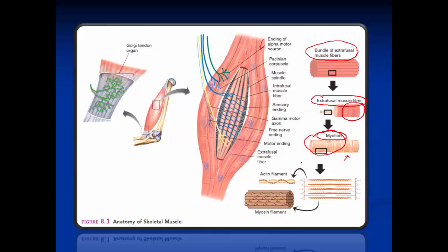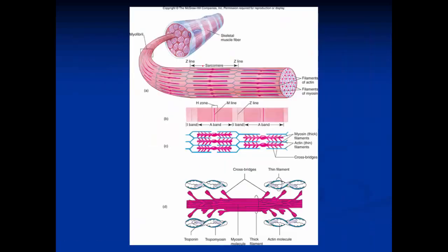Right, but the myofibril is going to be made up of actin, myosin, and a couple other things. But really for this class, actin and myosin is what I want you to remember. Here is another diagram showing it. Usually I'll show you a couple diagrams just so sometimes one clicks better than the other.